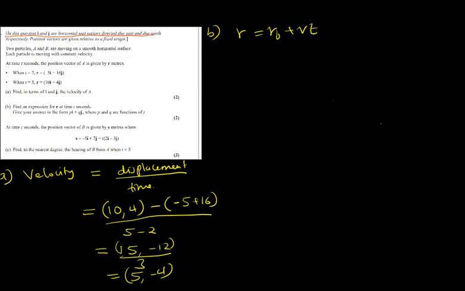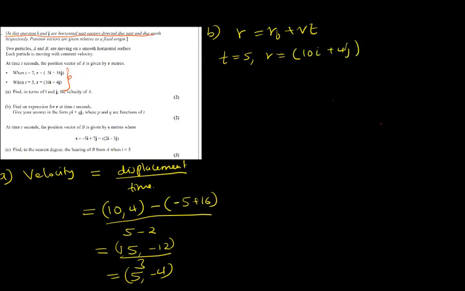So we can use either of these two equations that we have here to get r naught. I'm choosing the second equation; you can choose the first equation if you want. So I'm choosing the one for t equals 5. R is 10i plus 4j.